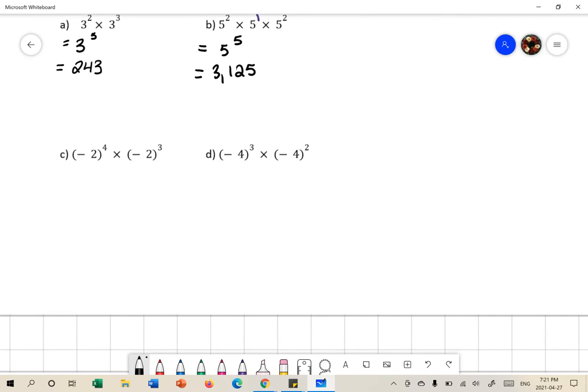C, negative 2 to the power of 4 times negative 2 to the power of 3. So my base is negative 2. 4 plus 3 is 7. Now in my calculator, I'm going to type this all in, including brackets: negative 128.